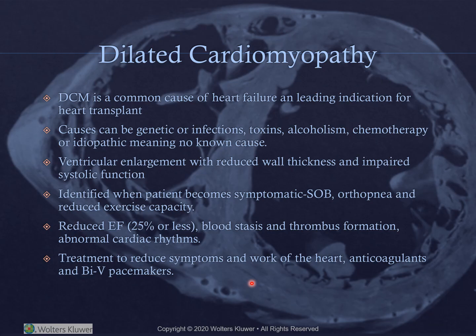With this dilation and reduced cardiac output or ejection fraction, we get stasis of blood. The blood is just sitting within the ventricle, and anytime there's blood stasis, someone is at increased risk of thrombus formation. So sometimes for these patients, we'll bring them in and look at their heart with an echocardiogram, and we'll see a big thrombus just sitting in the left ventricle, which is a pretty scary situation for these patients.